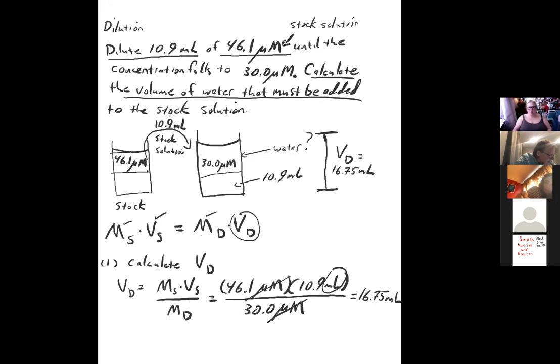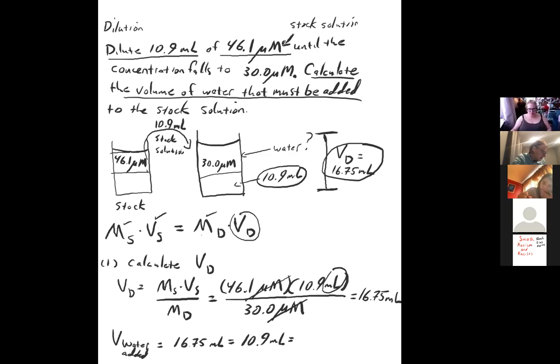Well, we know we started with 10.9, and now we know the total is 16.75. So the volume of the water that gets added would just be 16.75 minus the 10.9. And so what is that? 5.85. And there you go.